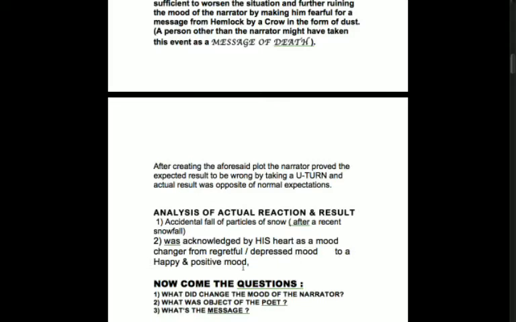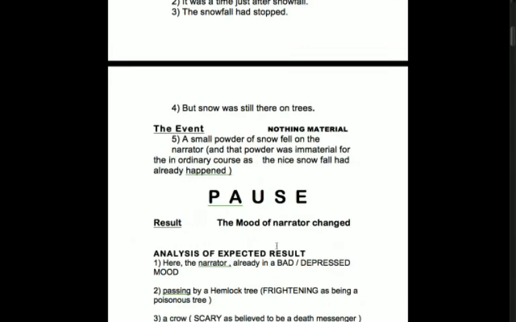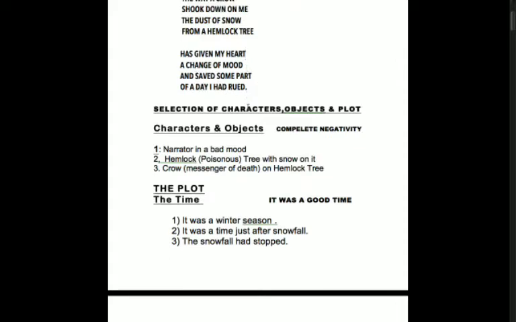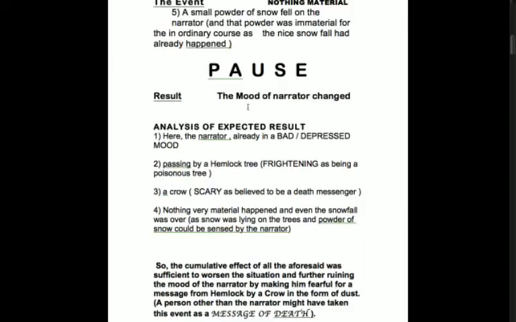So here lies the crux of the poem: his heart received this event as a change of mood, has given my heart a change of mood and saved some part of a day I had lived. So his heart was instrumental in changing his mood.